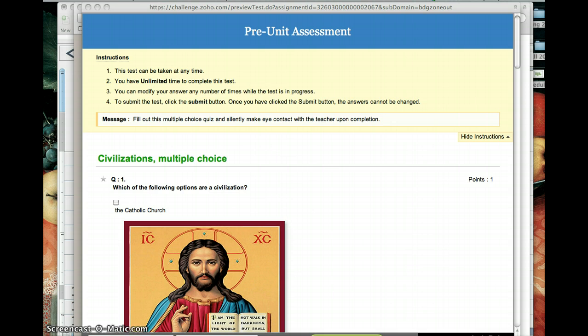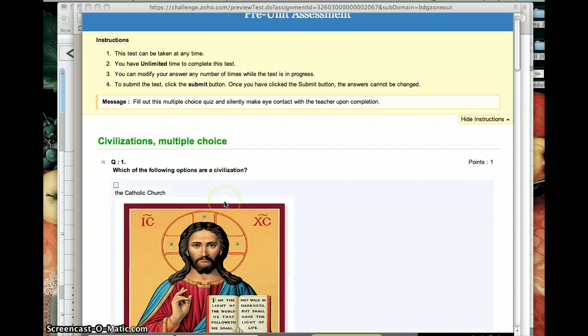We begin this unit with Mr. Thompson's class at the computer lab with each student on an individual computer taking a pre-unit assessment on challenge.zoho.com that I've already created. You can see it right here.